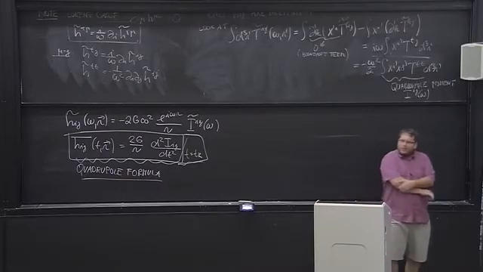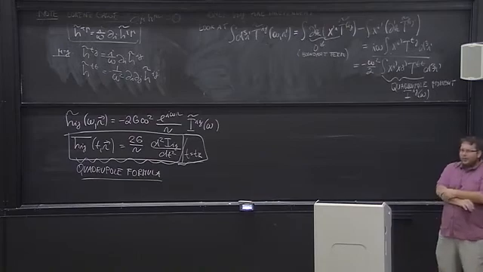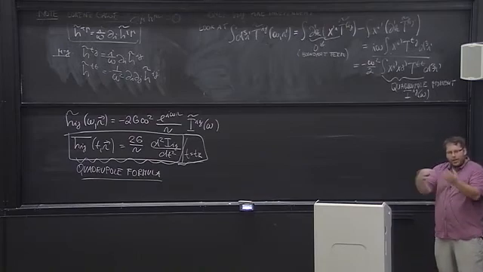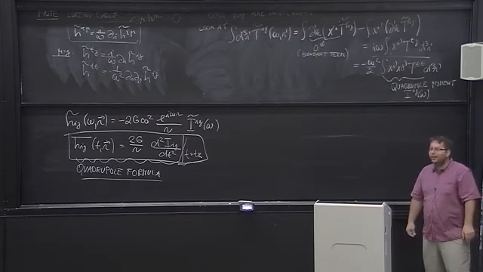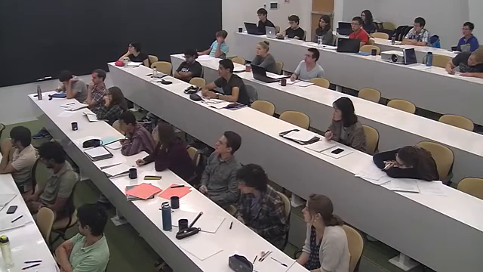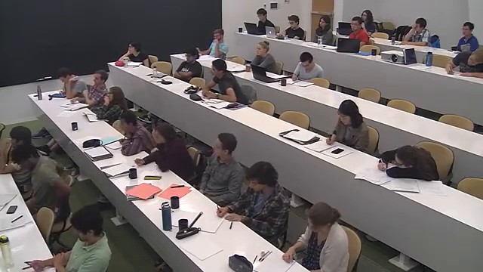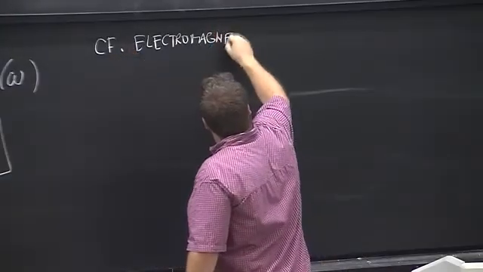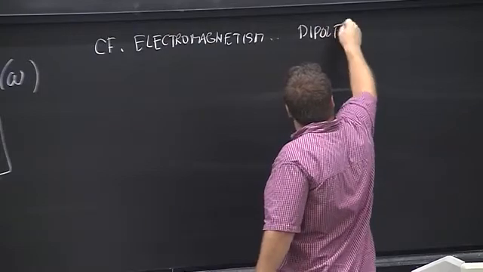So now remember, if you studied electromagnetism and you studied radiation, then what would be the first main source of radiation? Would be? Dipole, exactly. So compare electromagnetism, where we have a dipole. Okay.